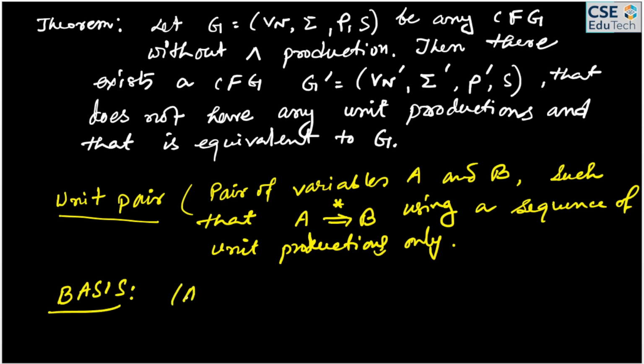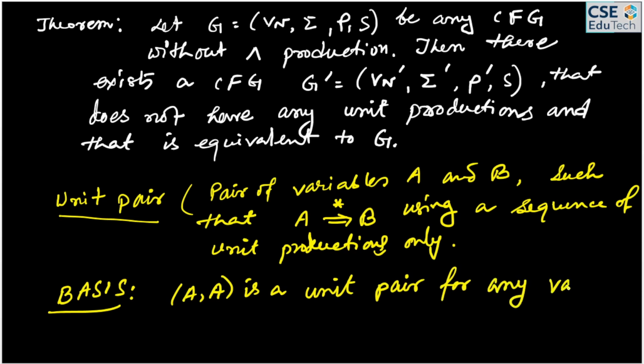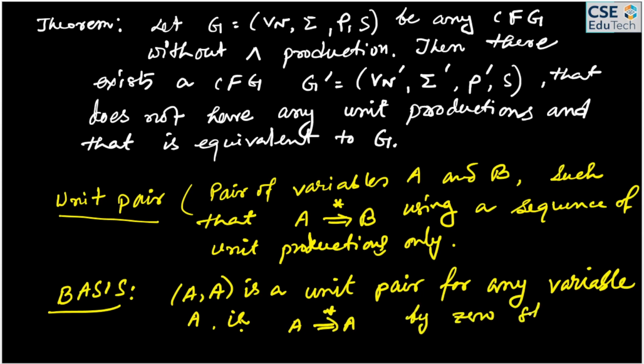Basis is basically (A, A) is a unit pair for any variable A, that is A derives A by 0 steps. So by using this basis, we can find unit pairs.